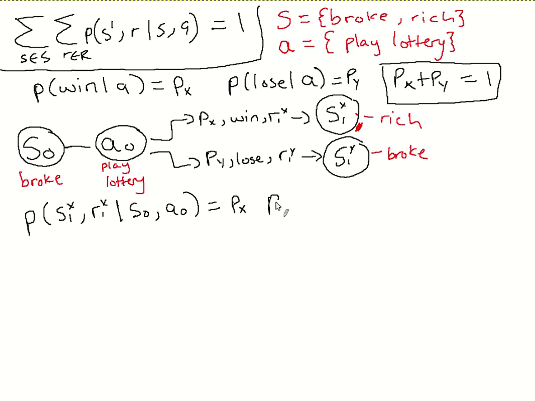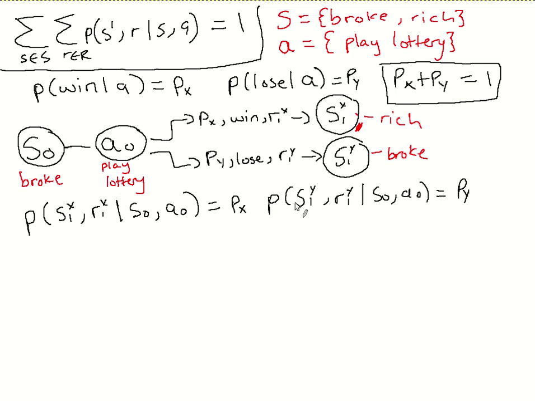Similarly, the probability that you end up in a state S1y, which is associated with the reward R1y, given that you're in S0, A0, this should be equal to py.